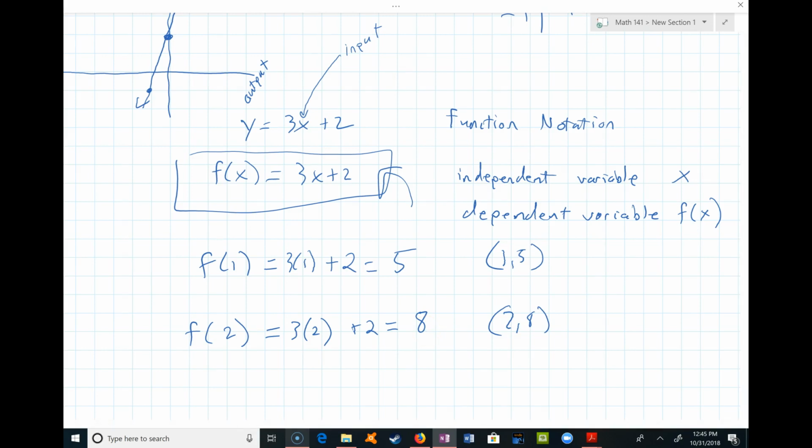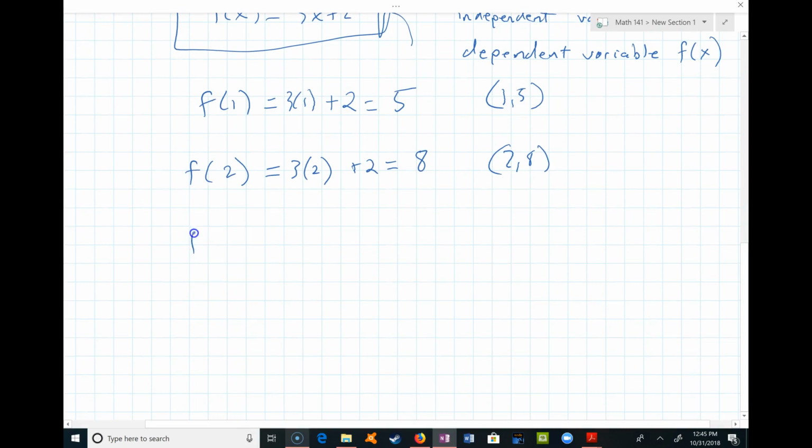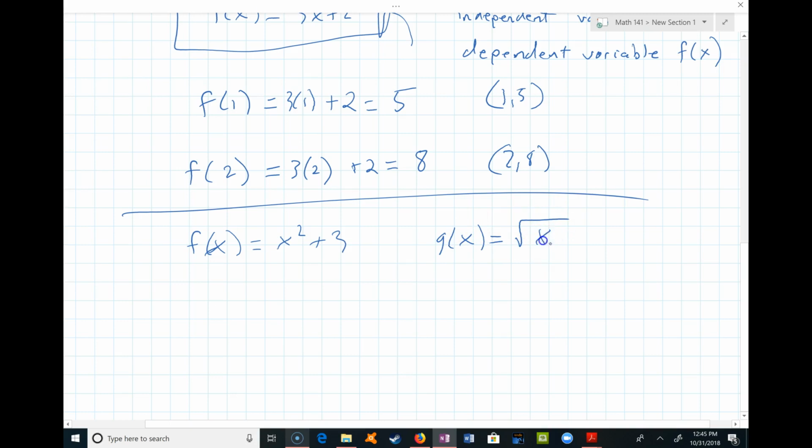And this notation is also handy because sometimes we might have a couple of functions we're dealing with. Let's start over again and say f of x is equal to x squared plus 3, and g of x is equal to the square root of x plus 2. So I could ask you, what's f of 1? Well, because I used f, I'm referring to this function, not the g.